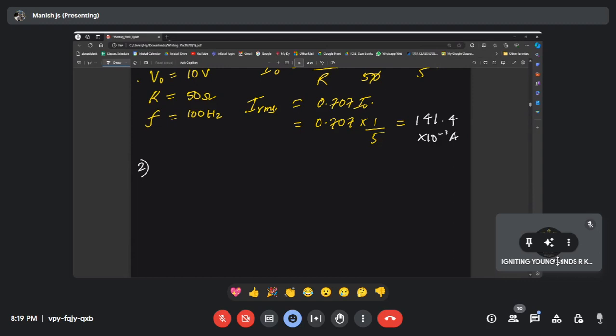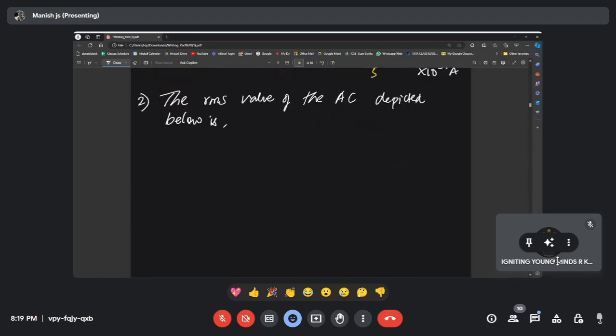The RMS value of the alternating current depicted below is. What is the RMS value of the alternating current that is depicted below?